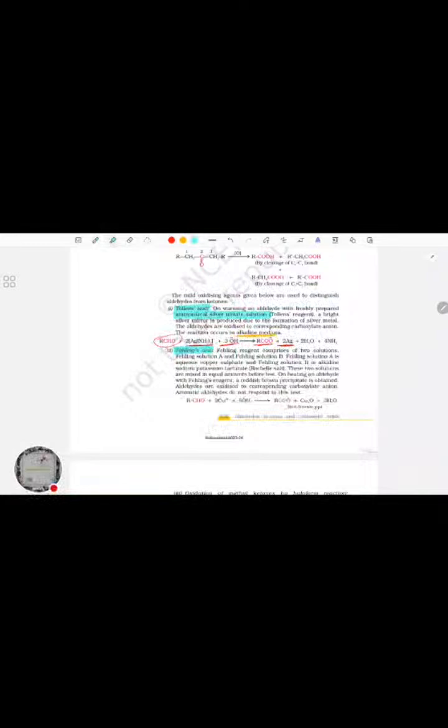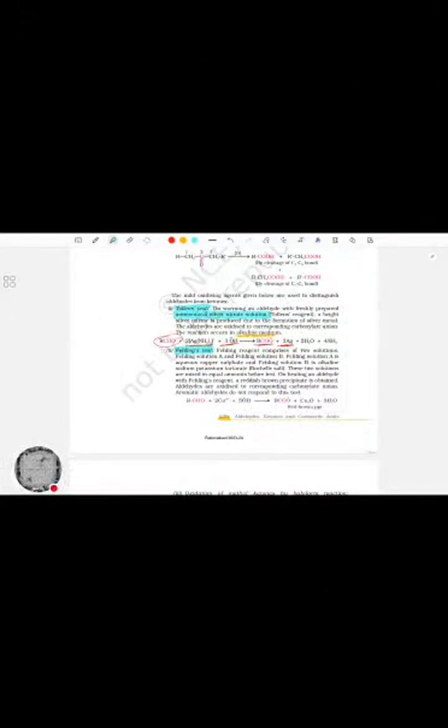Let's see what Fehling's test is. Fehling reagent comprises two solutions, Fehling solution A and Fehling solution B. Fehling solution A is aqueous copper sulfate. Fehling solution B is alkaline sodium potassium tartrate, that is what we call the Rochelle salt.